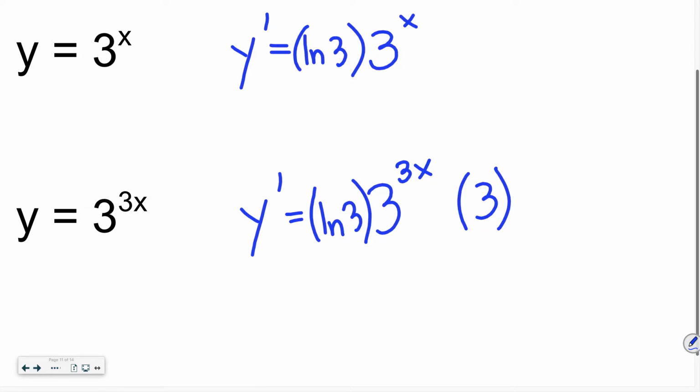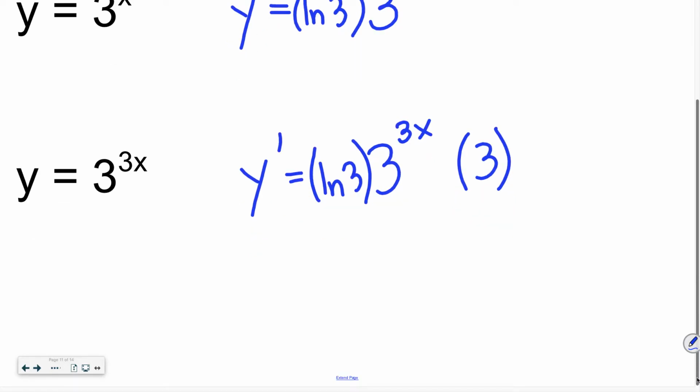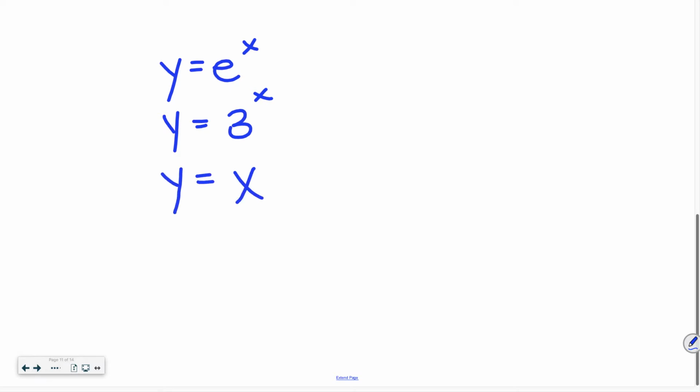Now, let's talk about the difference. Out of these three, which are the ones applied to what we've talked about today? The first two.